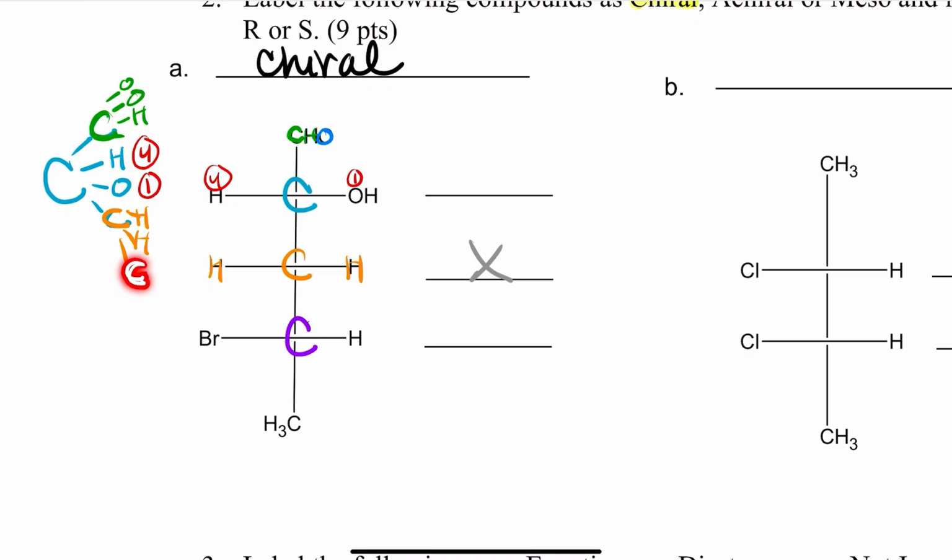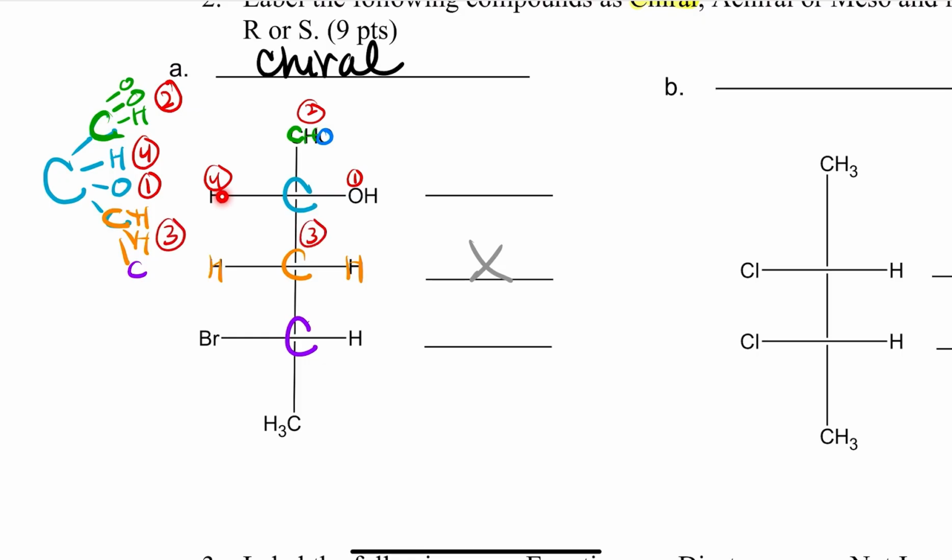And carbon's lighter than oxygen. It's number 6 on the periodic table, whereas oxygen's 8. So this gets priority. So this will actually be number 2. And then this will be number 3.